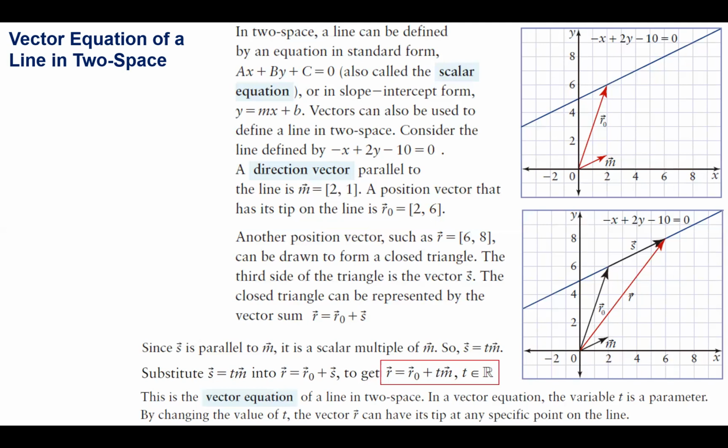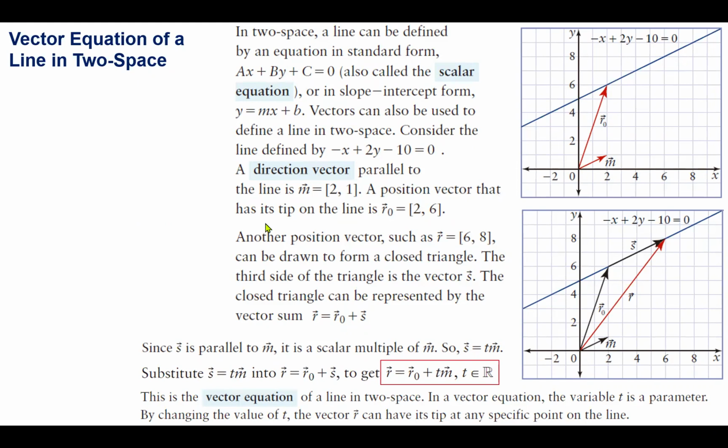Can you see that? Which is shown here on the graph on top right. So note here, this position vector m is parallel to this line. So we can use this to denote the direction vector of this line, which is parallel to the line.